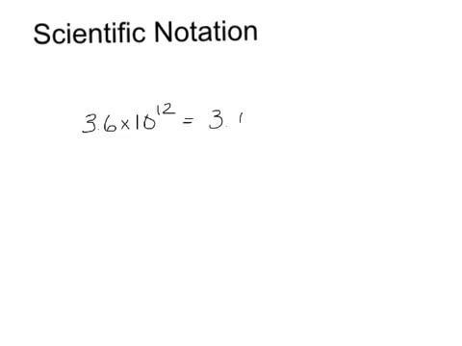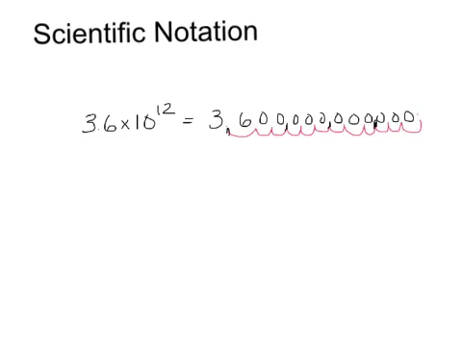This would be a fancy way of writing: if I take 3.6, I would need to move this decimal place over 1, 2, 3, 4, 5, 6, 7, 8, 9, 10, 11, 12. Fill in the zeros. If I put the commas in, this would be how far away something was.